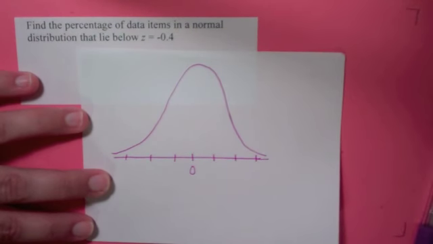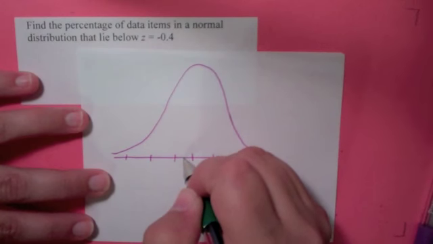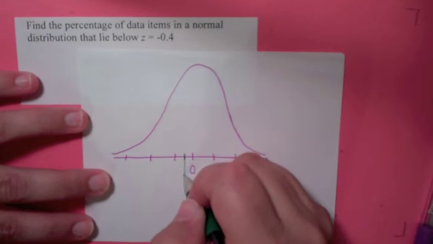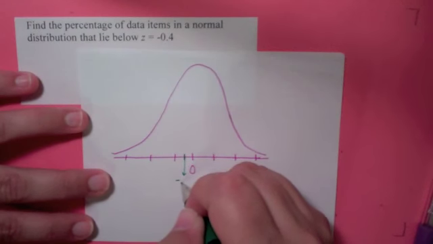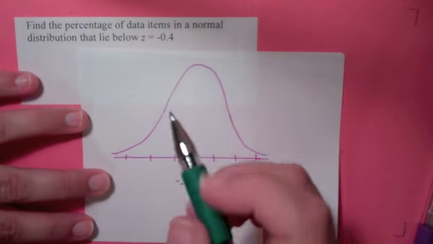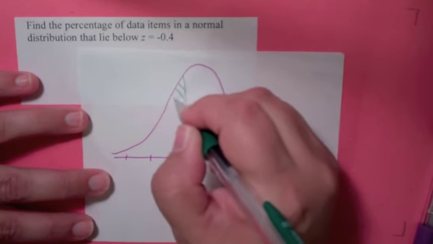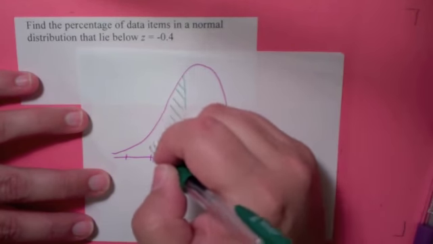Okay, and I got to look for z equals negative 0.4. Well, negative 0.4 is going to be right around here. And I want data below negative 0.4, so here's negative 0.4, and below is to the left.